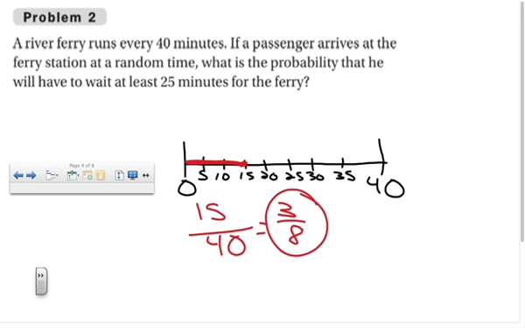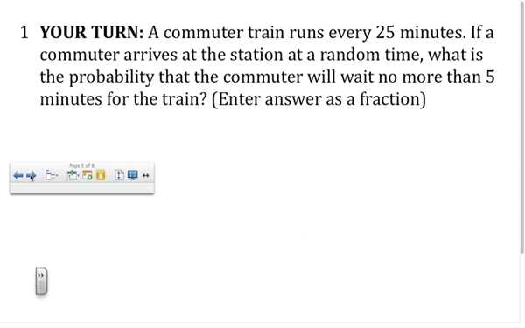Your turn for this problem is a Socrative question. If you haven't already logged in, please do so. When you find your answer, please enter it as a fraction.